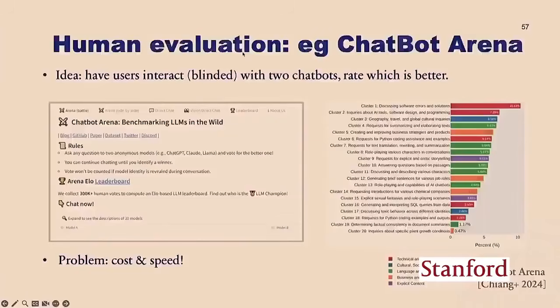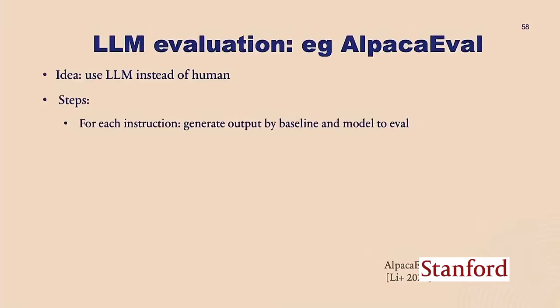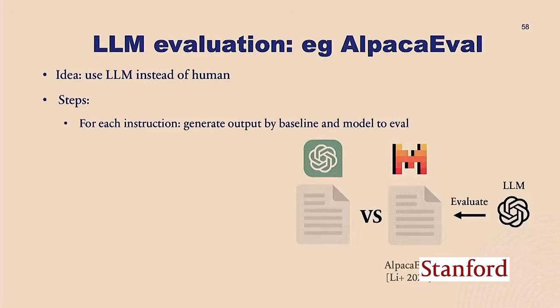Another issue is cost and speed. If you really want to use something like this for the development process, it will be too costly because you would need to pay a lot of humans. So one simple idea, again, as we said many times, is to just use an LLM instead of humans. You probably know the drill at this point. For every instruction, generate outputs by some baseline and the model that you want to evaluate.